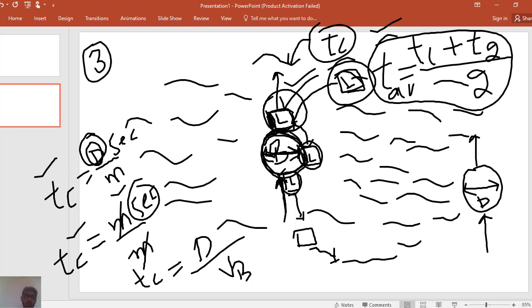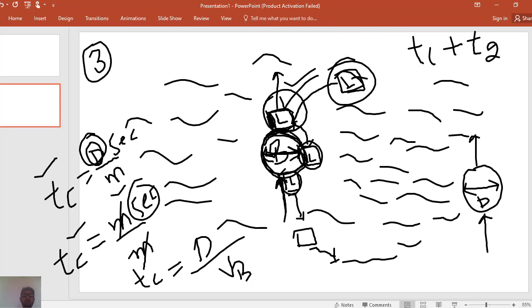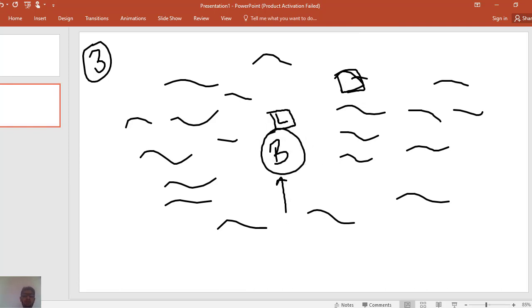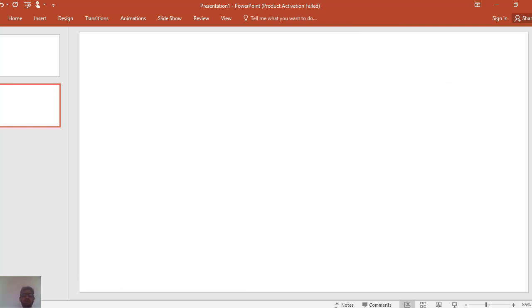So what is the mathematical form of the penetration theory? The penetration theory is like unsteady state heat transfer in a semi-infinite solid. In the two film theory, the mass transfer coefficient was directly proportional to the diffusivity divided by length.